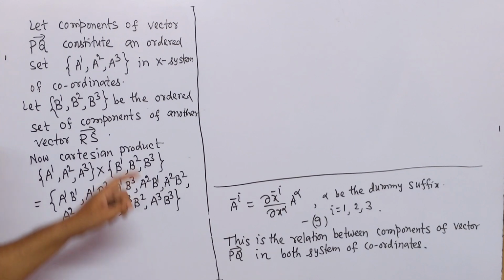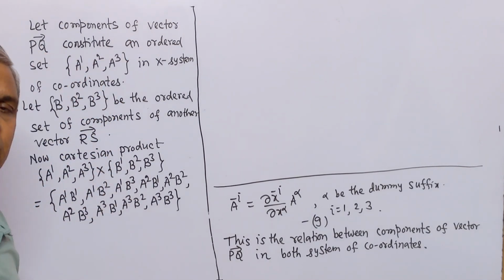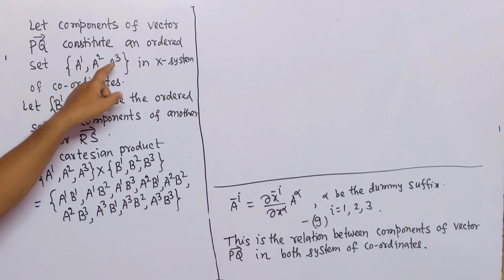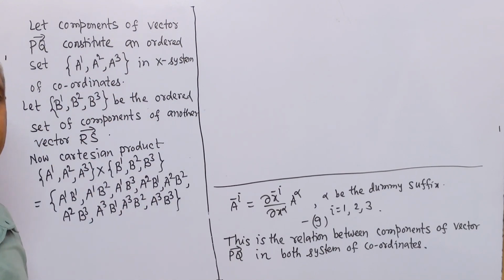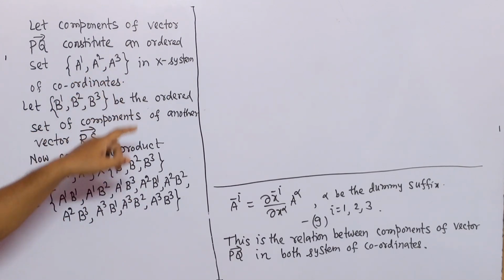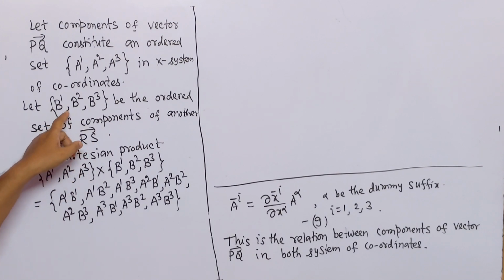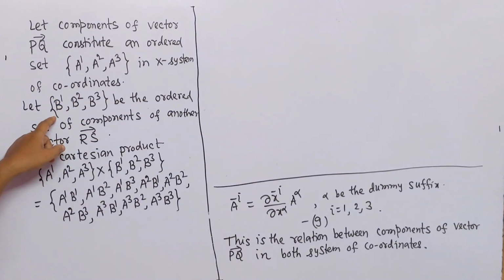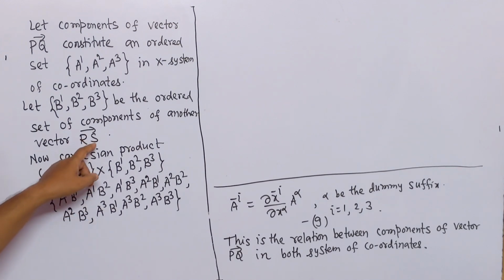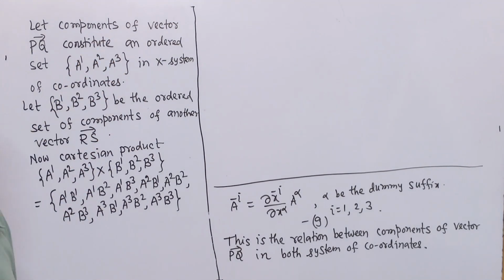Let the components of a vector PQ constitute an ordered set. This is a set containing A1, A2, A3 as elements in the X system of coordinates. These components are in the X system of coordinates. Let another ordered set contain elements B1, B2, B3. These are components of a vector RS in the X system of coordinates.